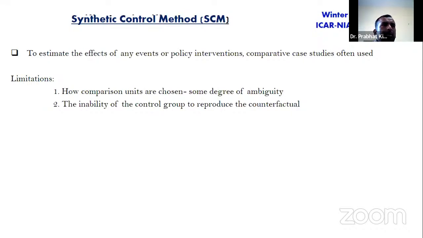If you are not selecting a proper control unit, you will be lacking the counterfactual. That means you cannot reproduce a better counterfactual with which you will be comparing to know the impact of any policy change.